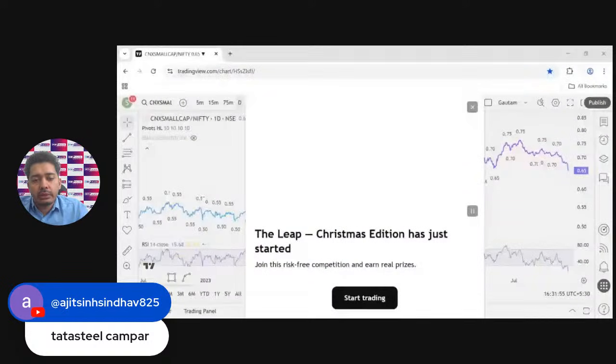Yeah, so I'll just try to quickly show you the comparison, how you can make use of a ratio chart.